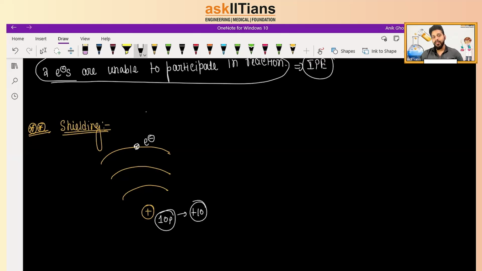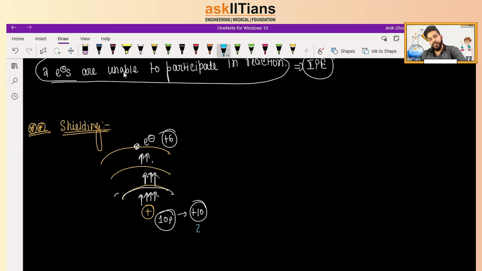So what happens is, let's say this is the charge shared by the nucleus. Some of the charge would be screened by the first layer, would go to the second layer, a little less. Then the second layer would screen a little bit of it, then the third layer. So let's say we started with +10 charge, maybe the electron would experience only +6 charge, because some of the charges would be shielded or screened.